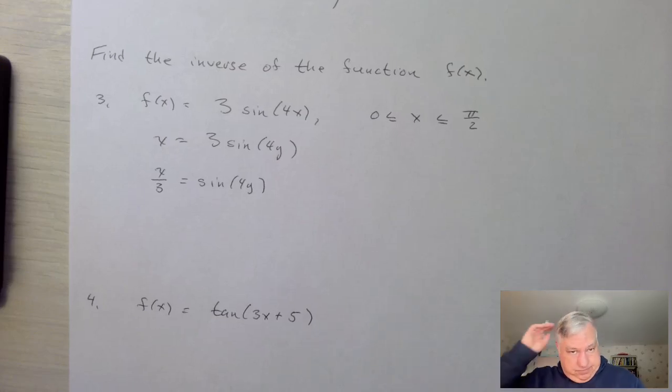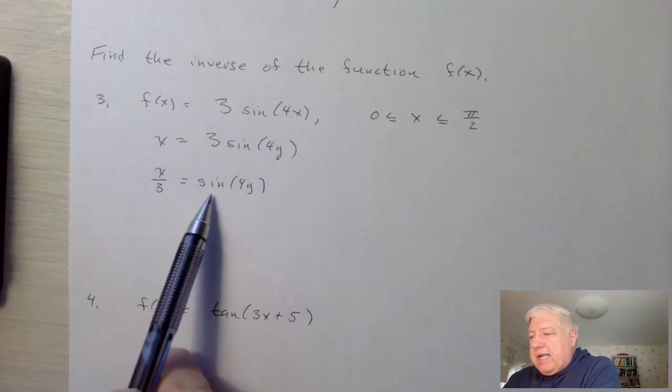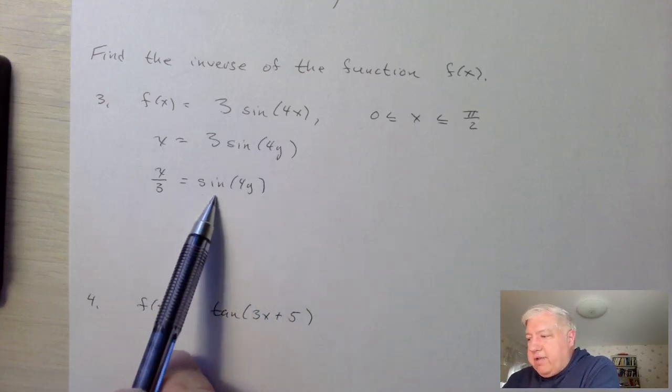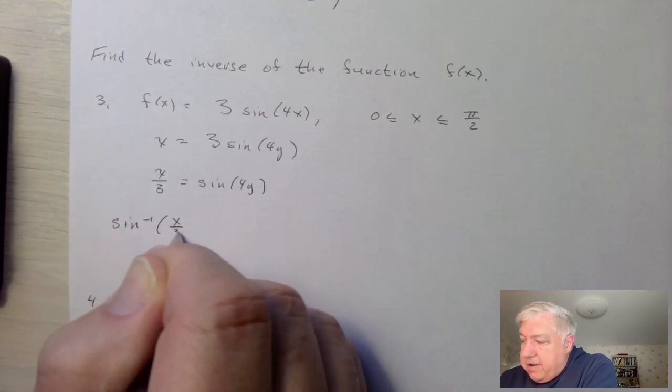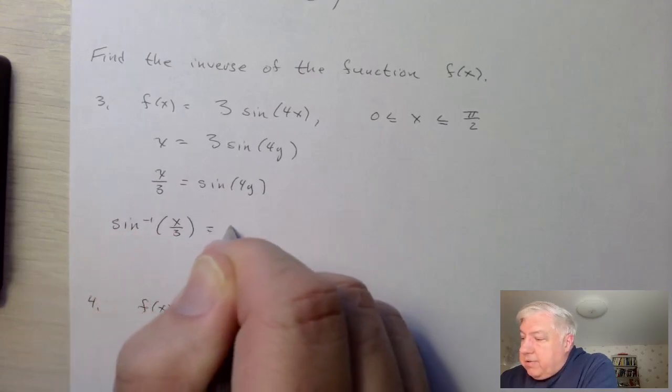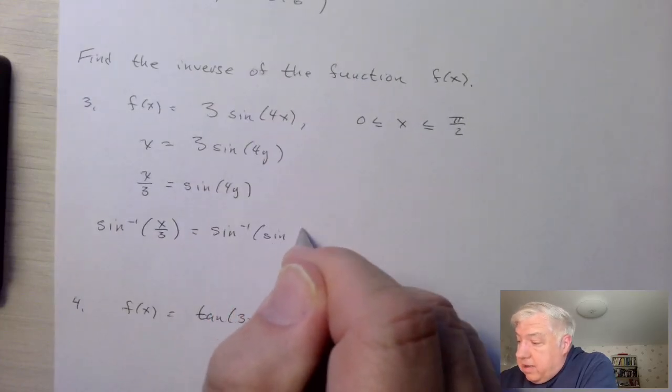Now we can take the inverse sine of both sides, because that will cancel with this sine right here. So we'll take the inverse sine of x over 3 equals the inverse sine of the sine of 4y.